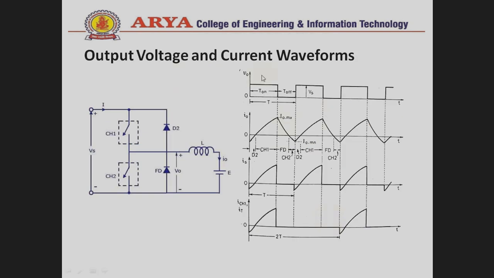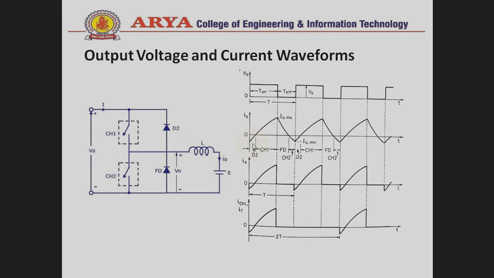This is the output waveforms of voltage and current in the reversible chopper, that is the type C chopper. In this chopper, V out is equal to V s during T on. It means when the chopper is on, the output voltage drops and the current rises in this direction.